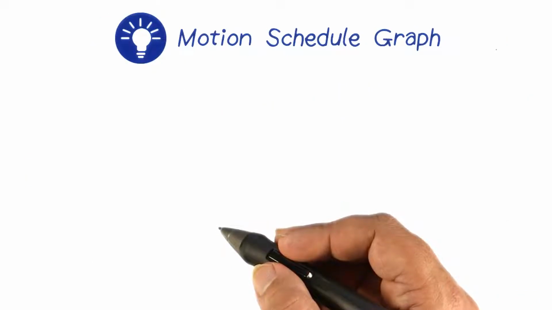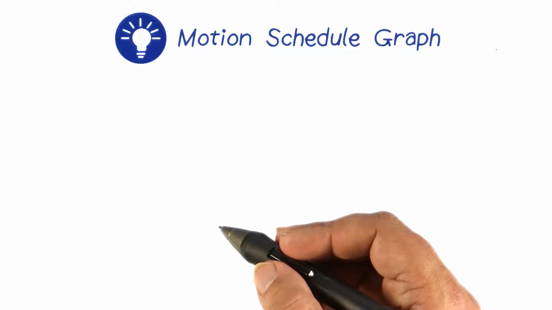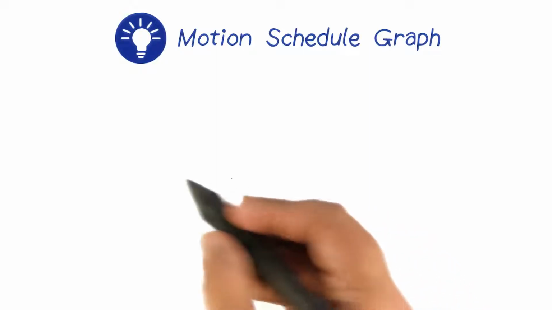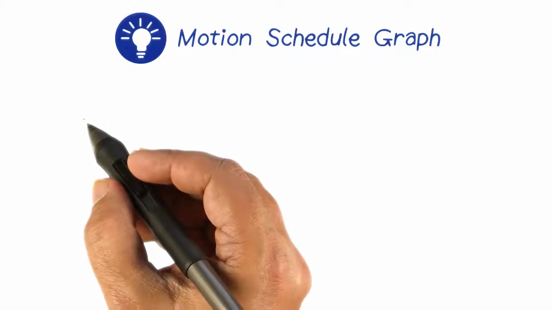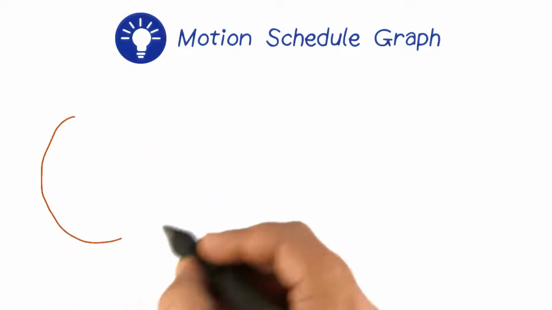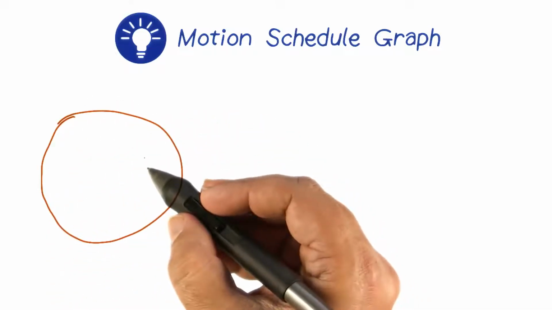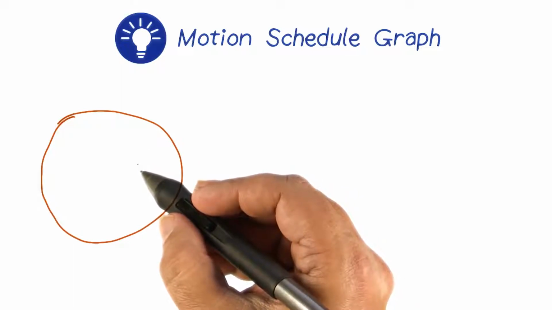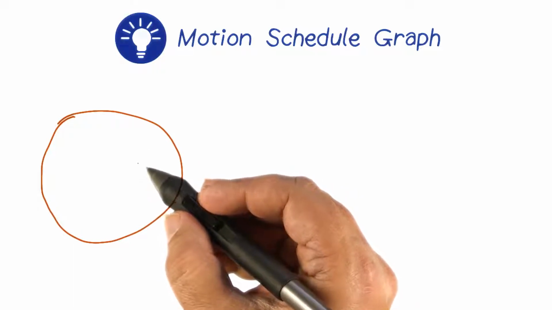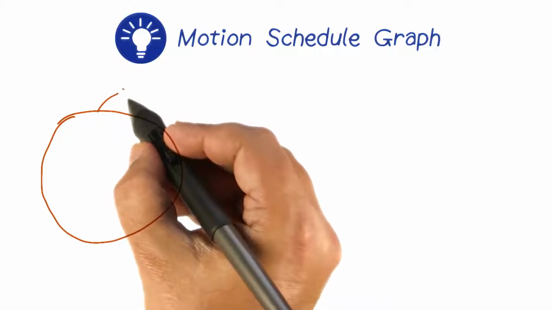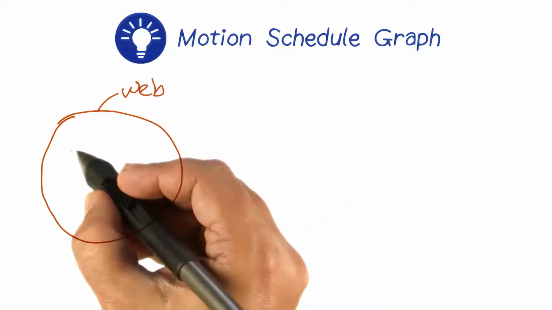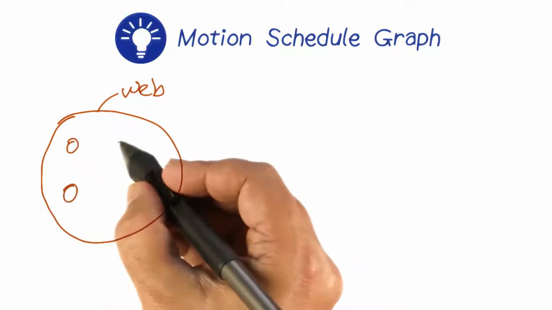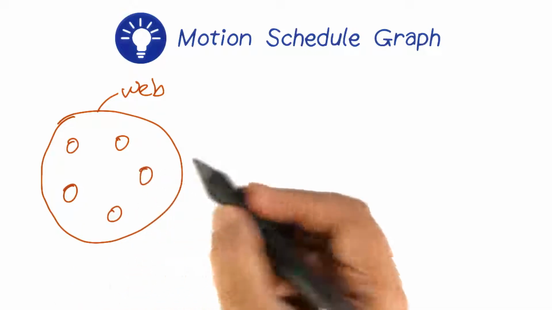So now let us see how we can build a motion schedule graph based on these movable boundaries. What we have here is a web first, which is representing all the load stores corresponding to that web from the memory. And then inside this web, we have individual nodes, which are the load stores corresponding to that web.